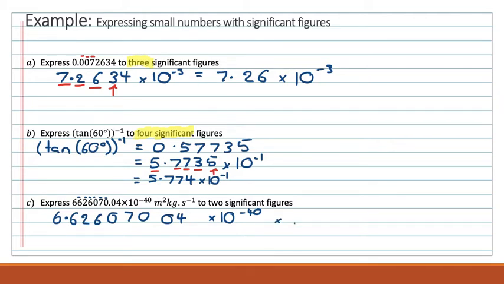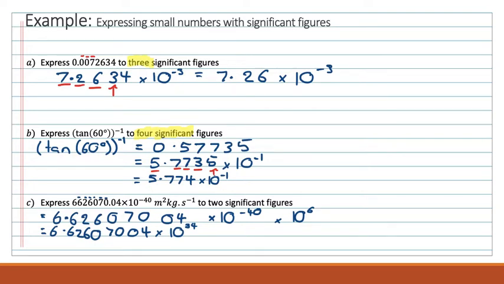So that's going to become times 10 to the 6. Now using my index laws, negative 40 plus 6, that's simply going to become 6.62607004 times 10, negative 40 plus 6 is 34.